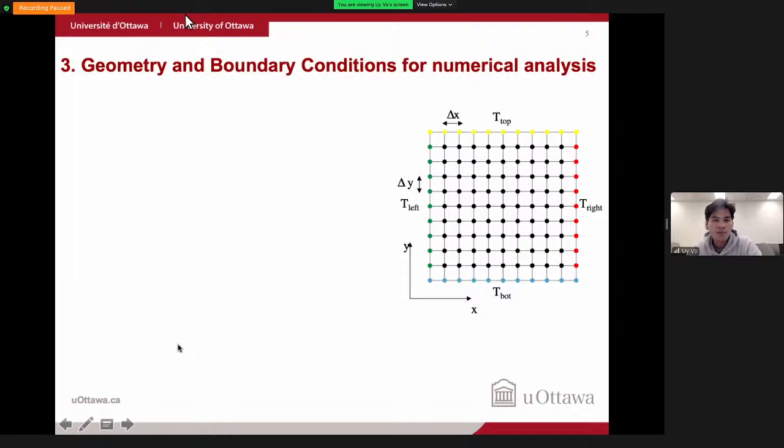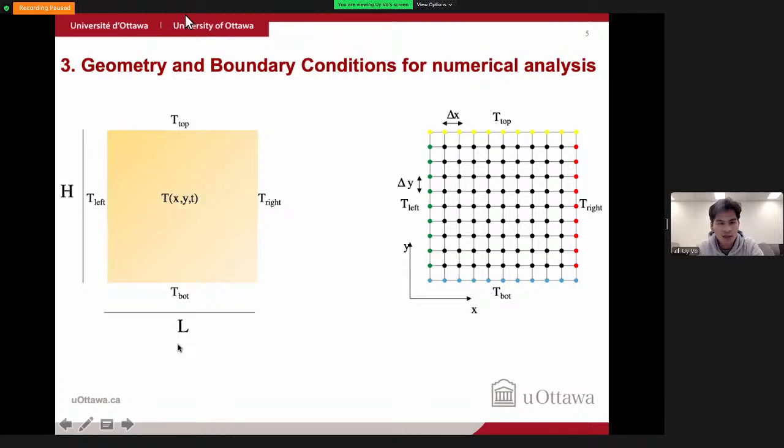And for the geometry and boundary condition for the numerical analysis, let's assume that we have a plate, any kind of material like copper or any.